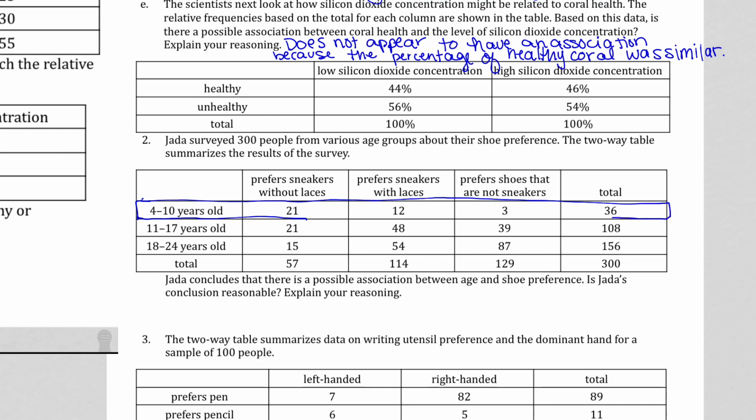So we're going to divide by 36 this time. This would be 58.3%. We'll just keep it at 58% though. And 12 divided by 36 is 33%. And 3 divided by 36 is 8%.